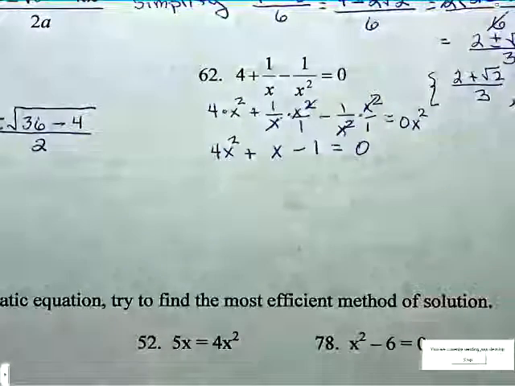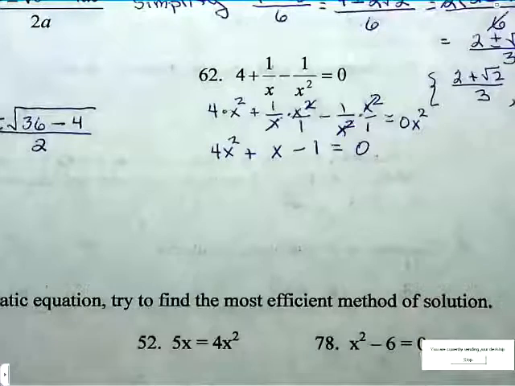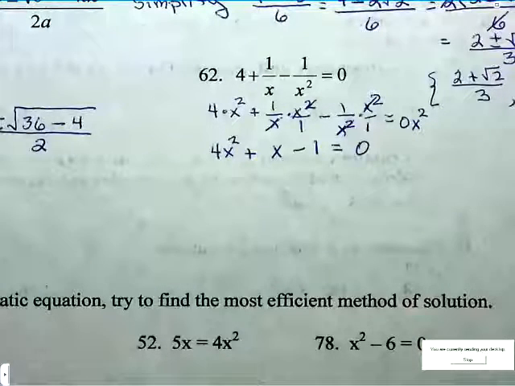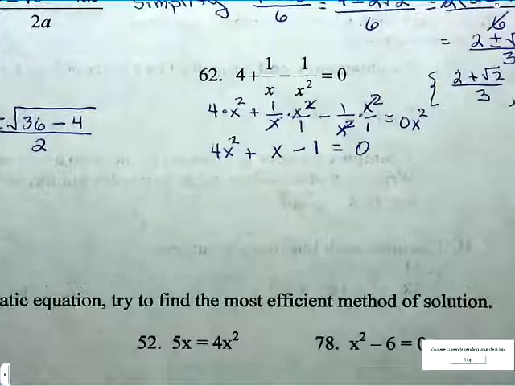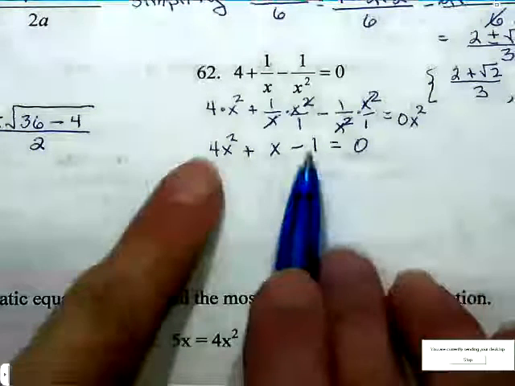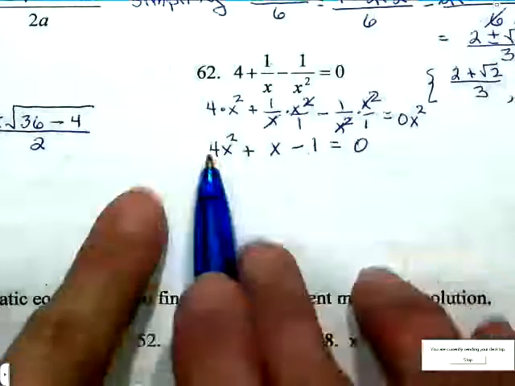Now I have a quadratic equation in standard form. So what's the first thing I try? I would try to factor it because I'm good at factoring. If you're not good at factoring, you can go straight to the quadratic formula if you want to. But this would be the hard kind of trinomial. I'd multiply 1 times 4.